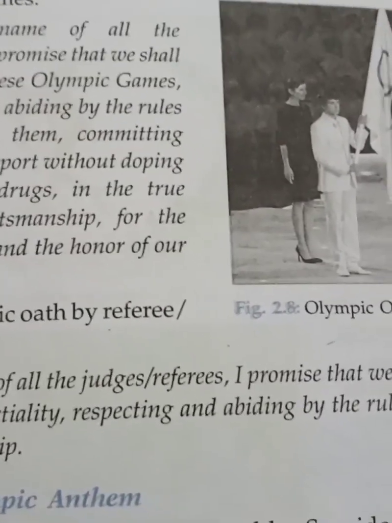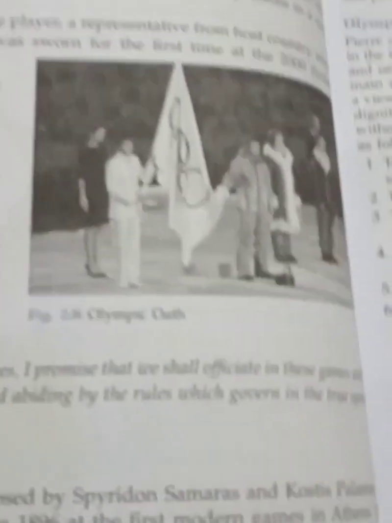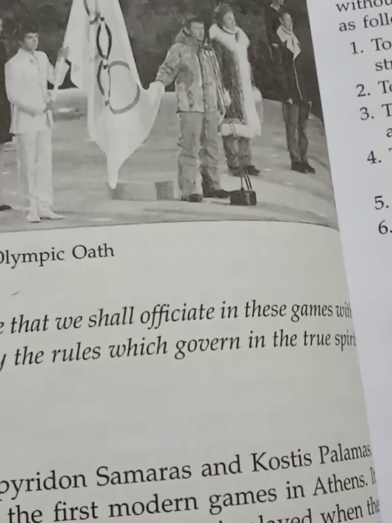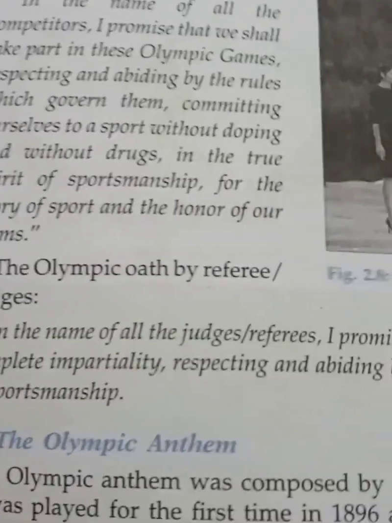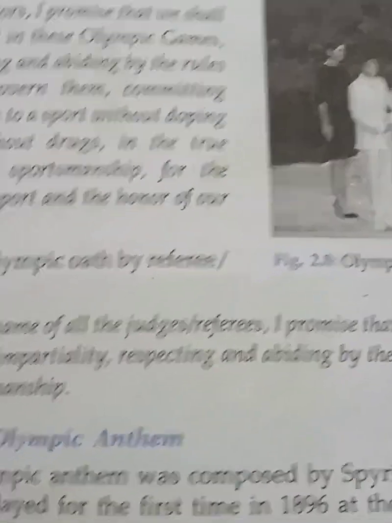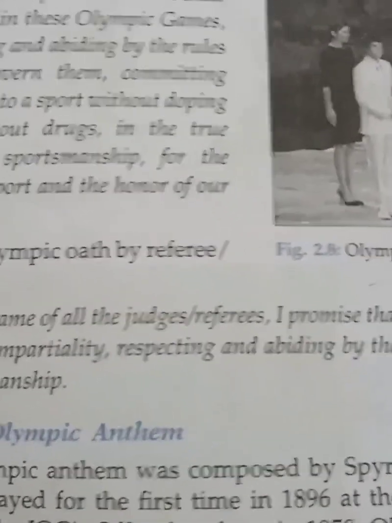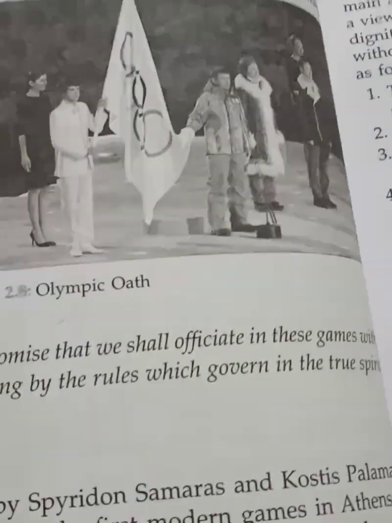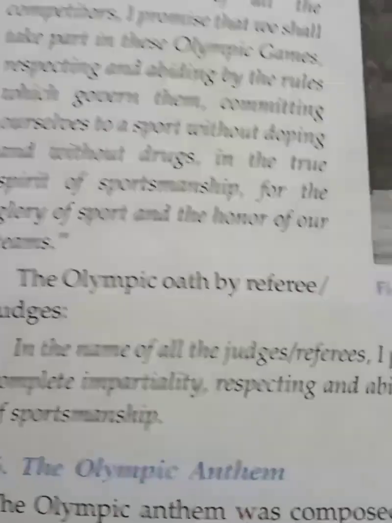It became the IOC's official anthem in 1958. The Olympic anthem is played when the Olympic flag is hoisted at the opening ceremony, as well as when it is lowered in the closing ceremony.